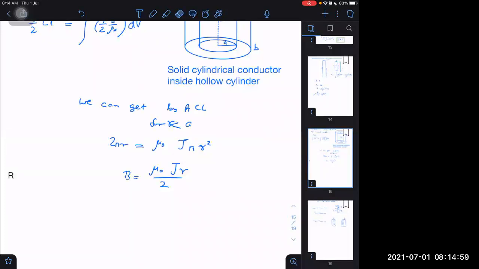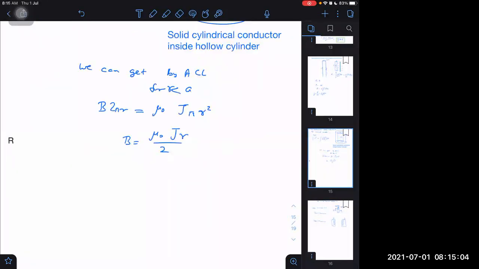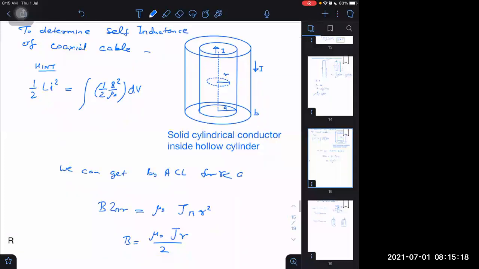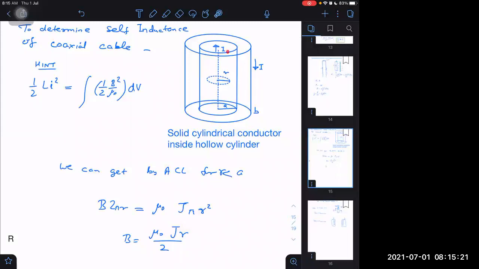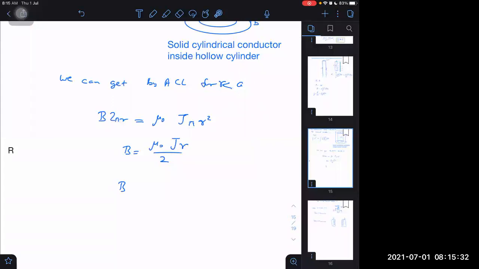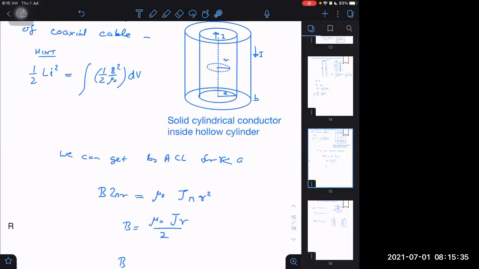What next? What we should not do is take the flux due to this B. Here the aim is not to take the flux.